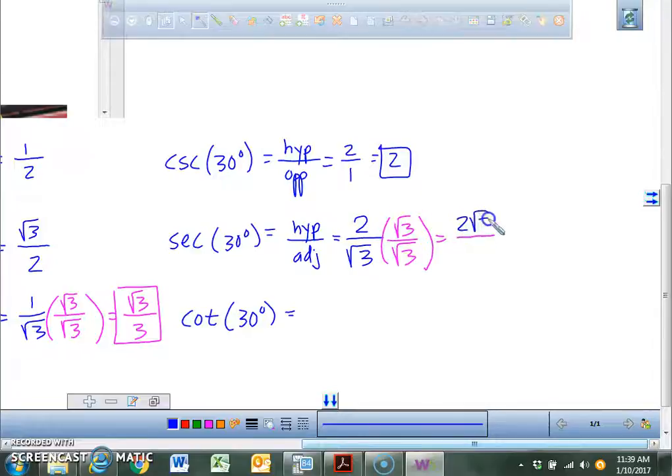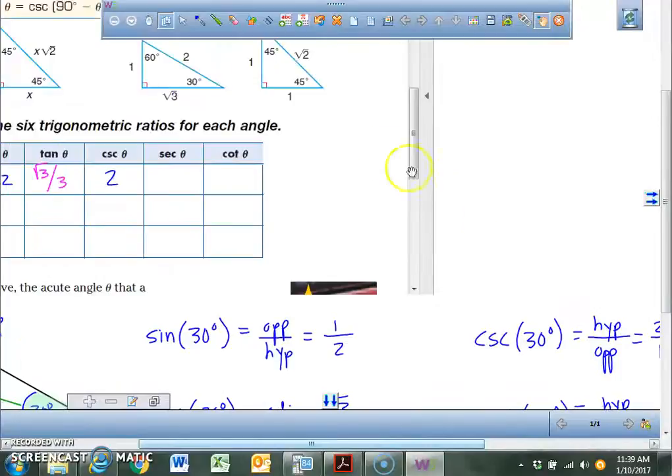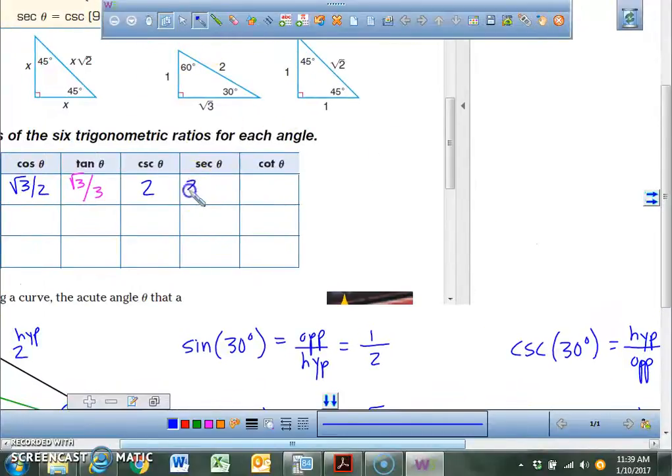Good. 2 radical 3 over 3. Very good. So we're allowed to have radicals in the numerator. We're just not allowed to have radicals in the denominator, because that would be bad. It would be like crossing the streams in Ghostbusters. Okay? So over here, we're going to call this 2 radical 3 over 3.